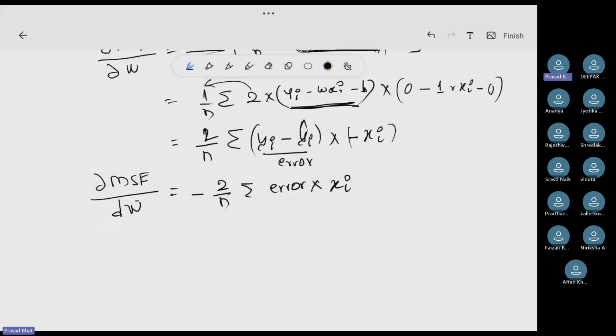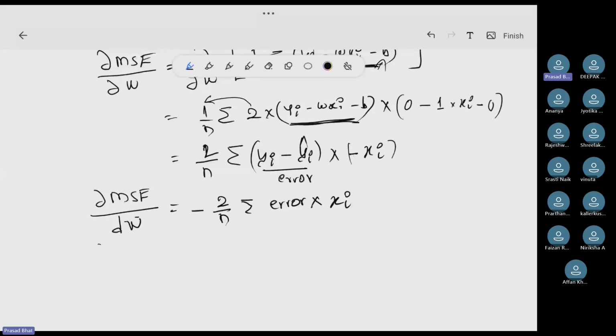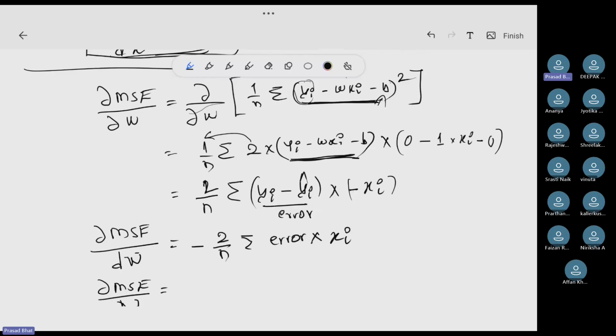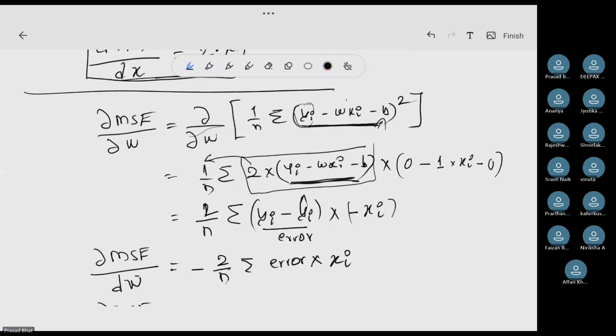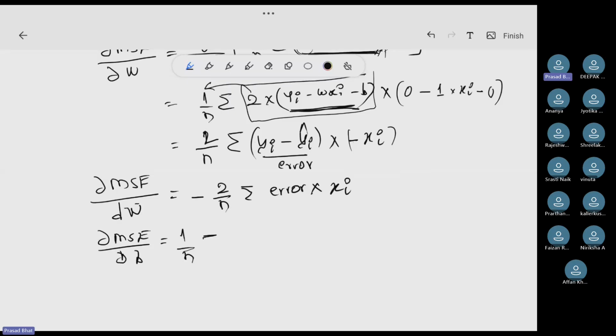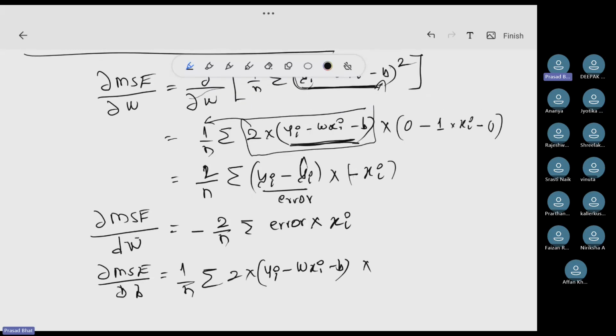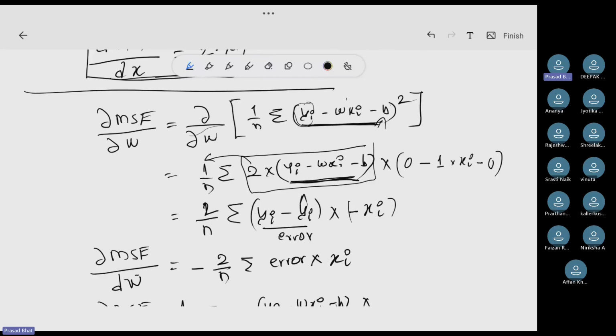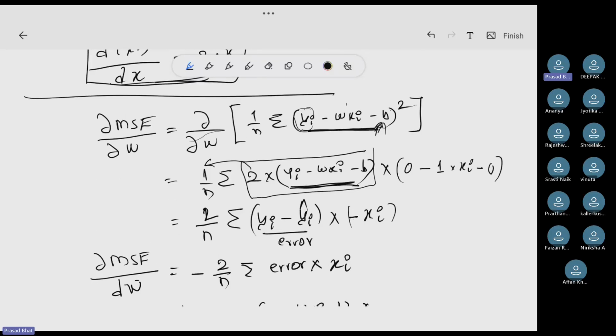Fine. Let me do the same thing for b also. Dou MSE divided by dou b is equal to what? This part remains the same, right? So it is 1 by n sigma 2 into yi minus wxi minus b, kept as it is. Now look at the same equation, yi, wxi and b. Here we are treating b as the variable and the remaining things are constants.